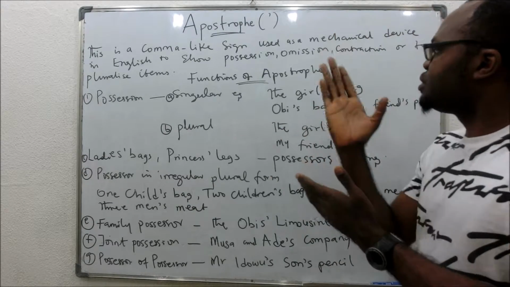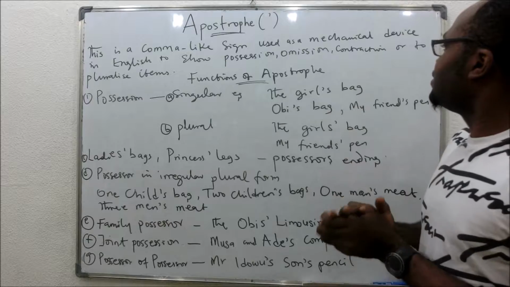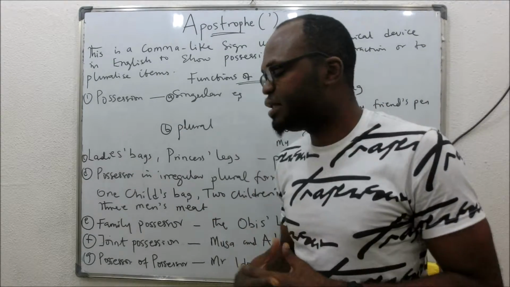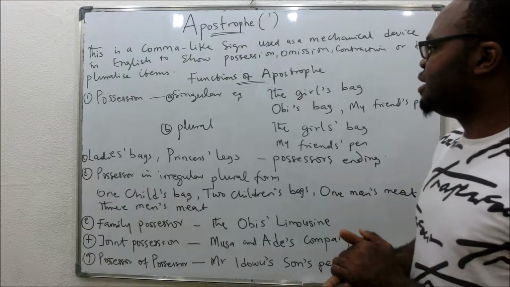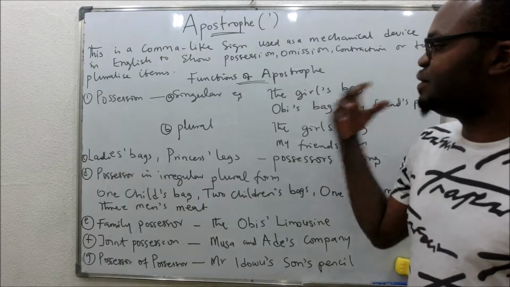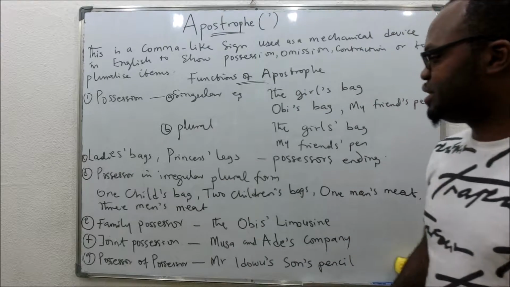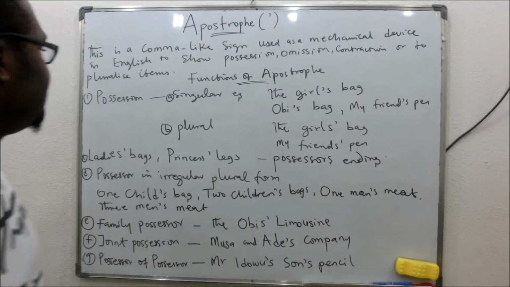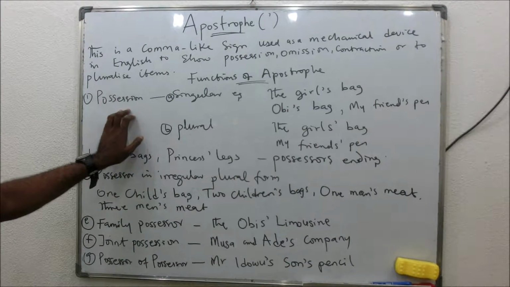You can also use it to show contraction, and you can use it to pluralize when you want to pluralize something. So let's look at the functions of apostrophe, and in particular let's look at position.